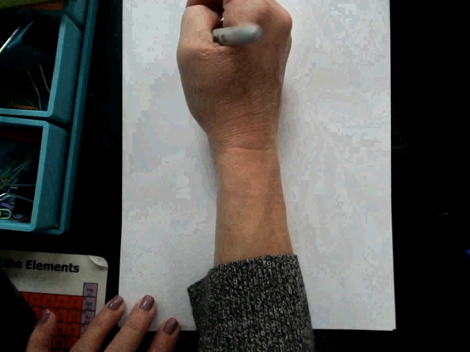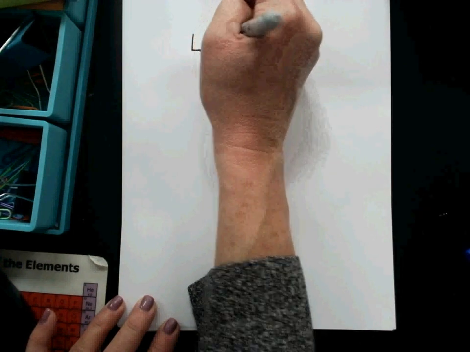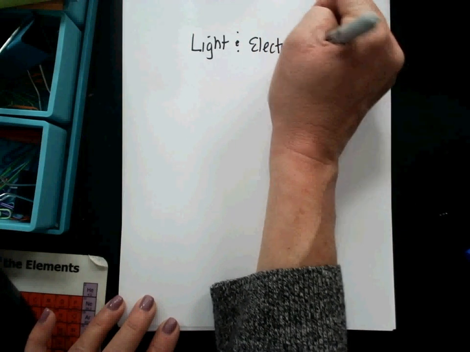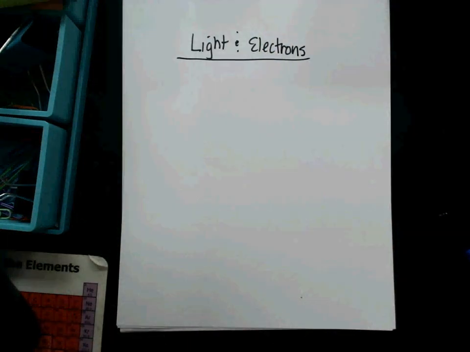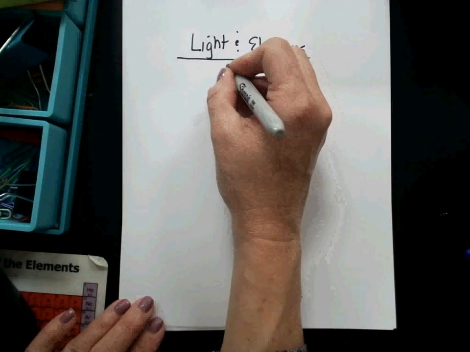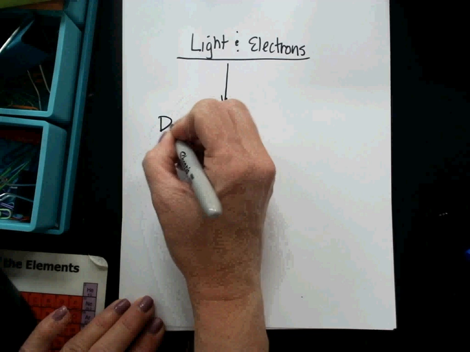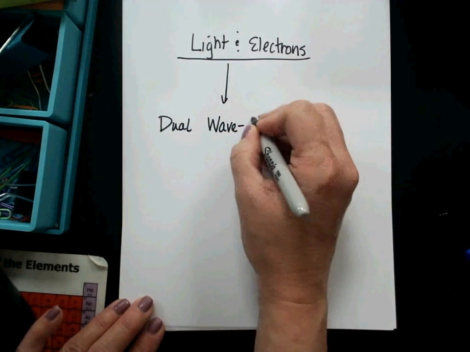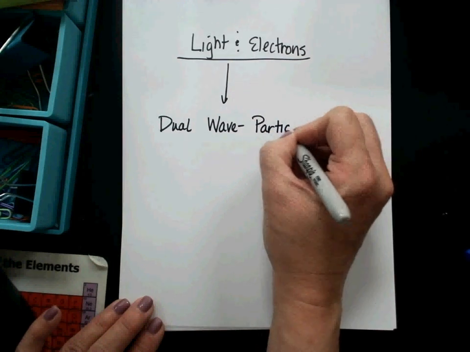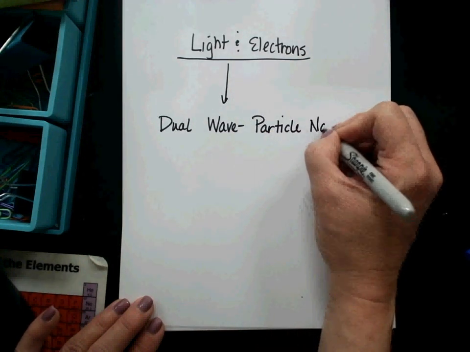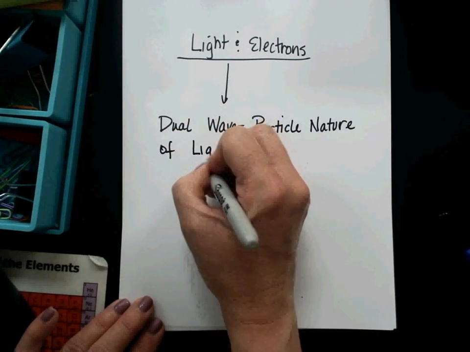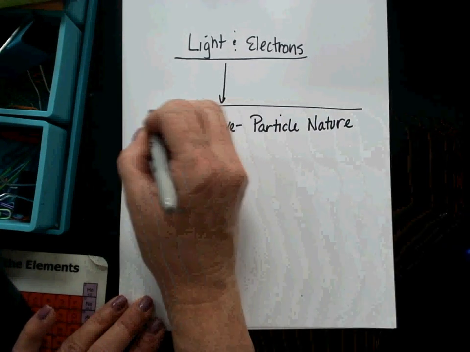So all of this stuff really has to do with light and electrons. And when we work with light and electrons, it's called the dual wave-particle nature of light.